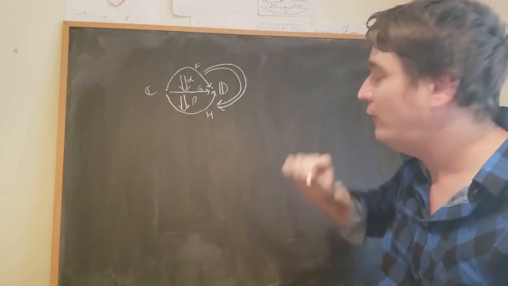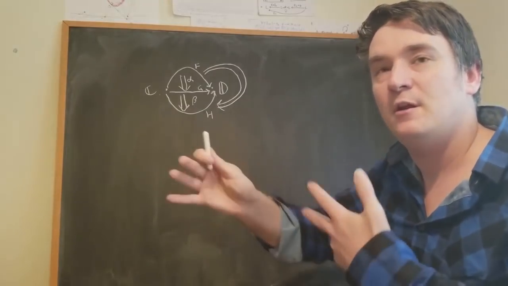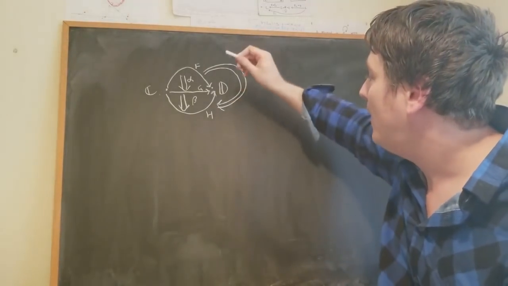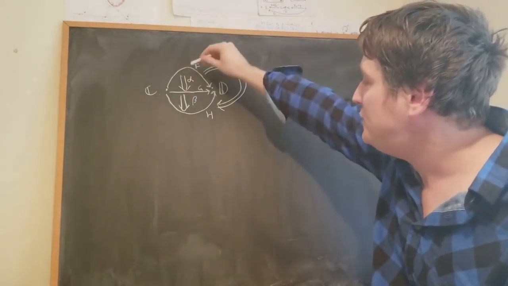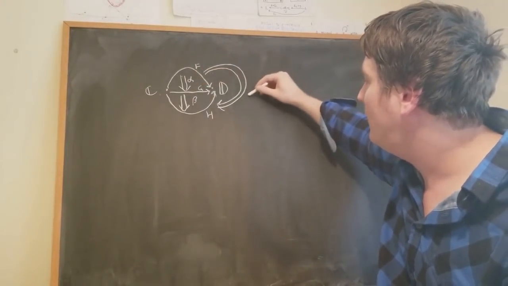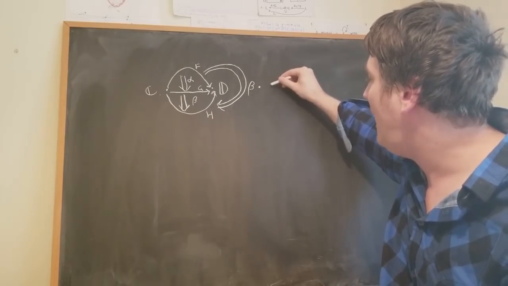So this makes sense with the way composition normally works. And we will denote this new composition as beta dot alpha.